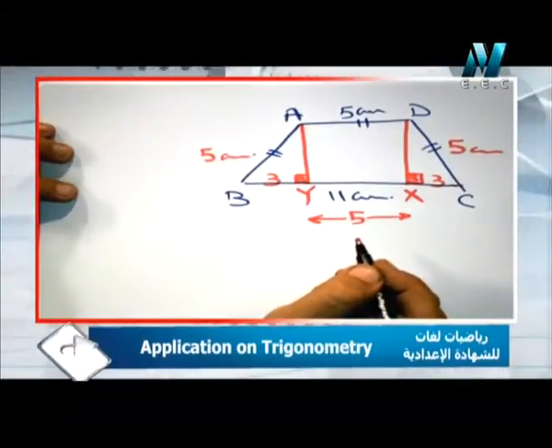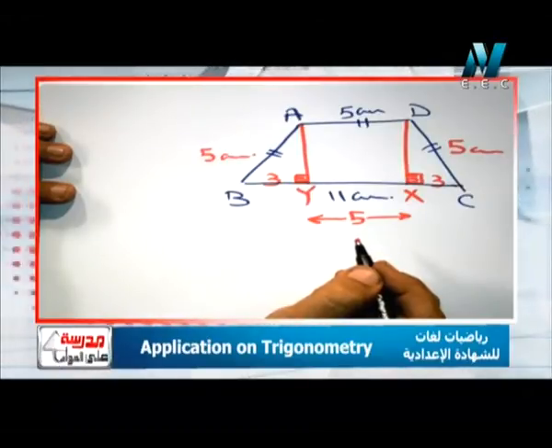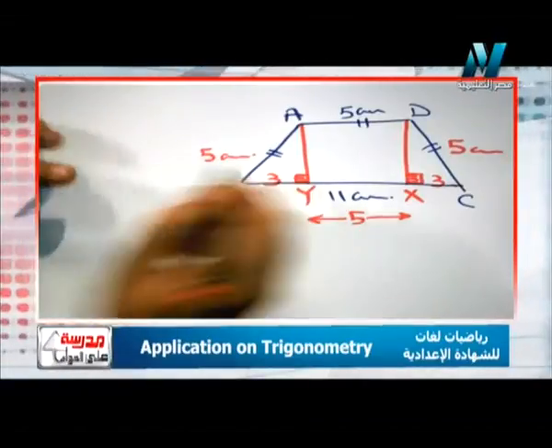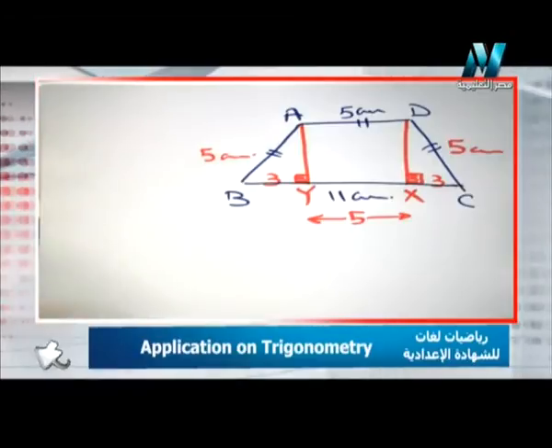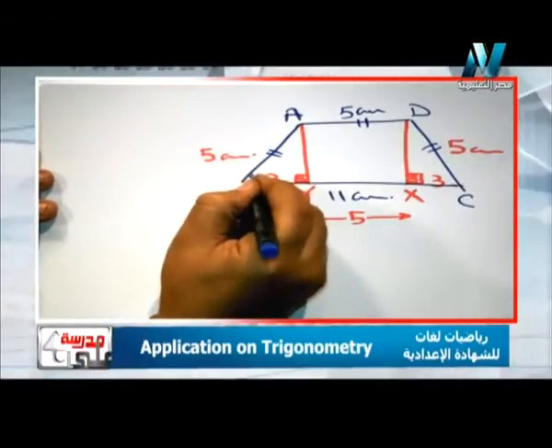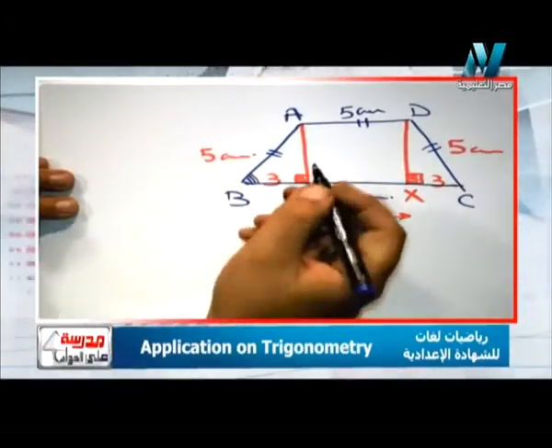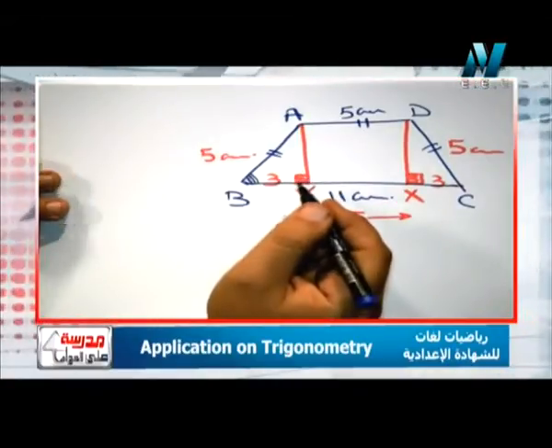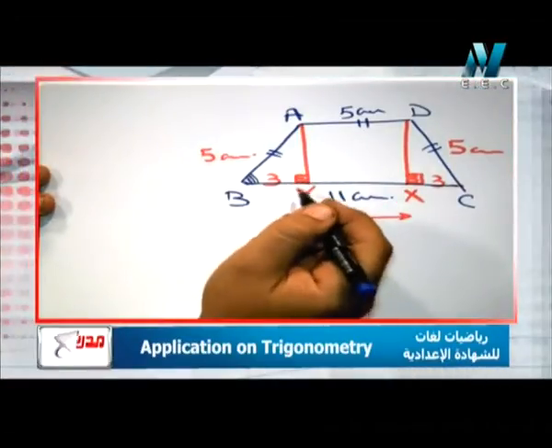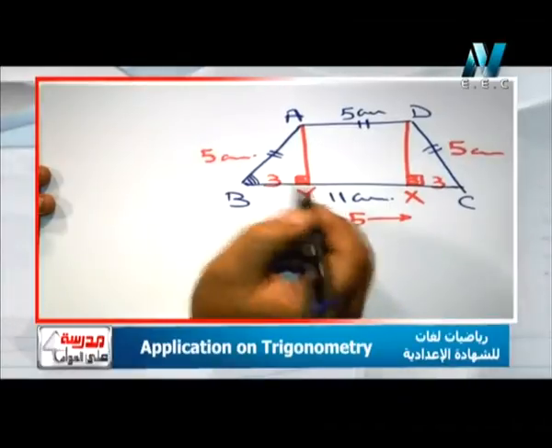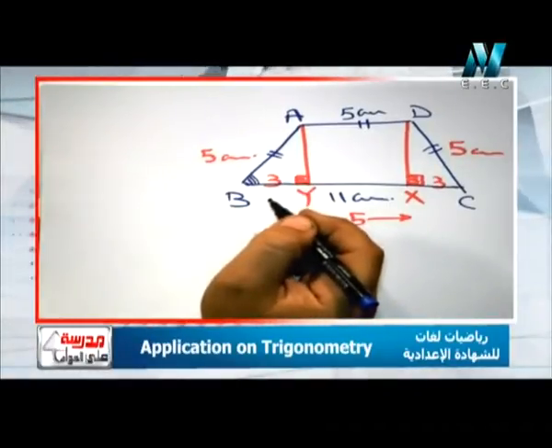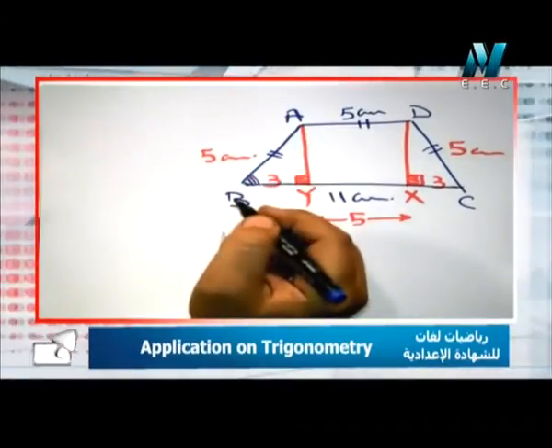Now, the first requirement I have here is finding the measure of angle B. So if I want to find measure angle B, in this shape, all we have is the length of the adjacent of angle B, which is BY, and the length of the hypotenuse, which is AB.